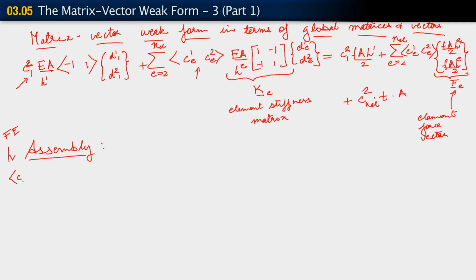So the relevant global degrees of freedom for the weighting function are C2, C3, and so on, up to C NEL and C NEL plus 1.